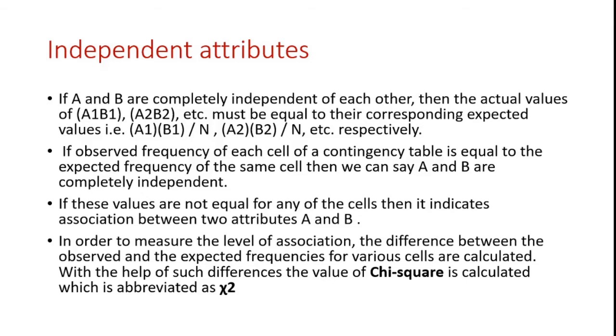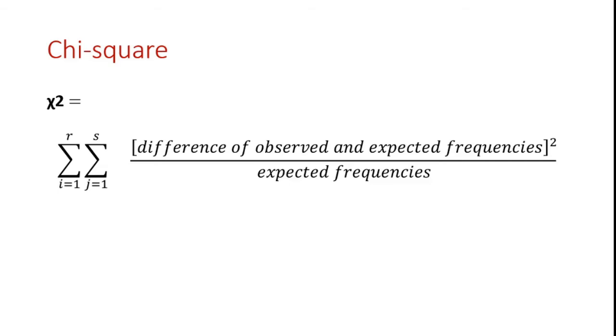So the whole idea is to build the mathematical model for chi-square, and that is what I wanted to show you and plot in R. And this is the chi-square formula that is being used, for the first attribute having R classes and the second attribute having S classes. So it is the difference of observed and expected frequencies, the square of the difference divided by expected frequencies.